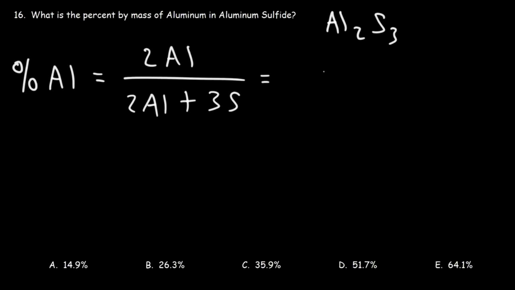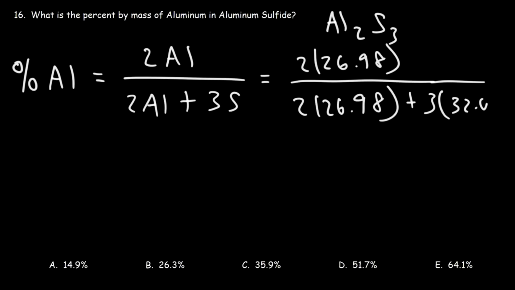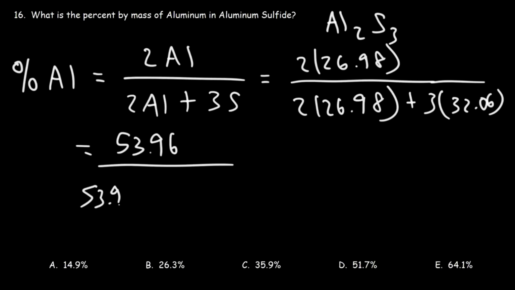The average atomic mass of aluminum based on the table is 26.98. And the average atomic mass of sulfur is 32.06. So 2 times 26.98, that's going to be 53.96. And then 3 times 32.06, that's 96.18.